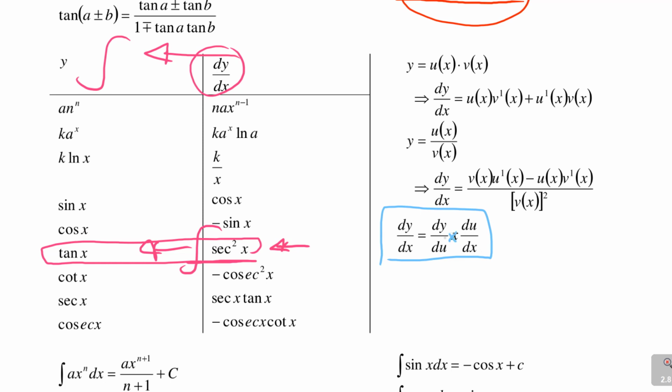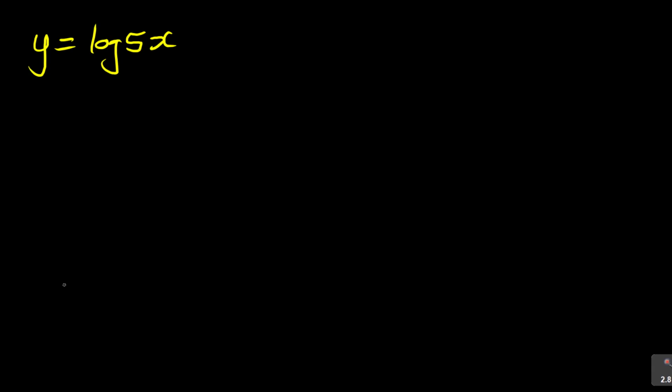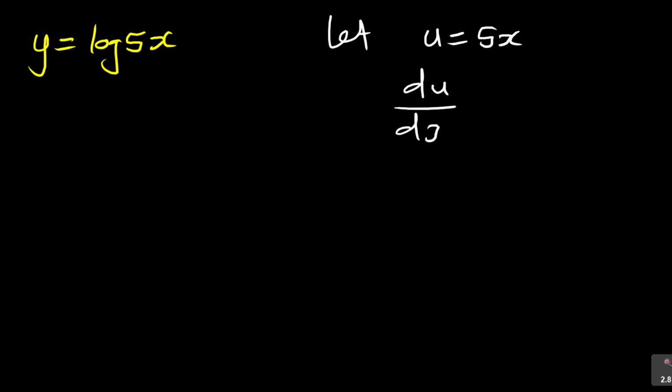So we are having this as the chain rule that they need. So what I need then is to come here and say, here I can use this one and say let u be equal to 5x, such that du over dx is equal to 5.